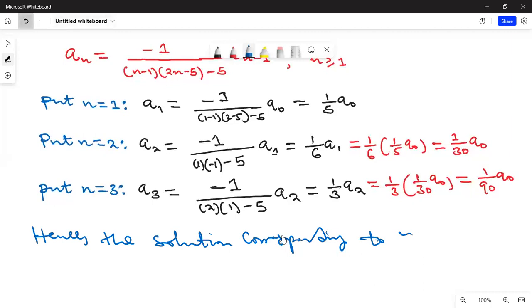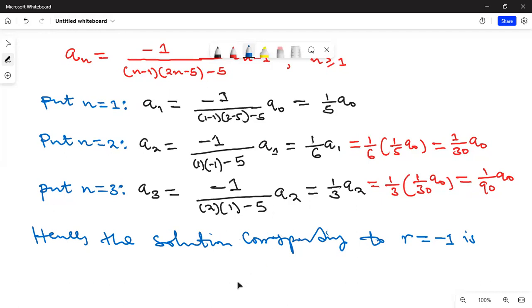Let me write that in a proper manner. Corresponding to r is equals to -1 is, we will call it y1, because you see we have two cases. So for the first case, we call it y1, and for the other one, we call it y2.